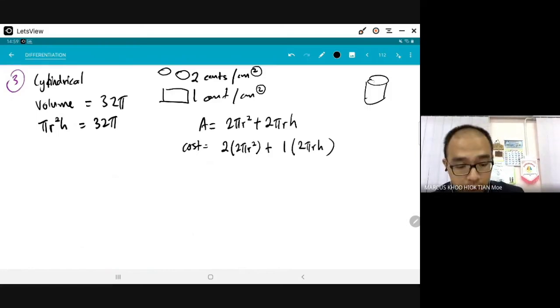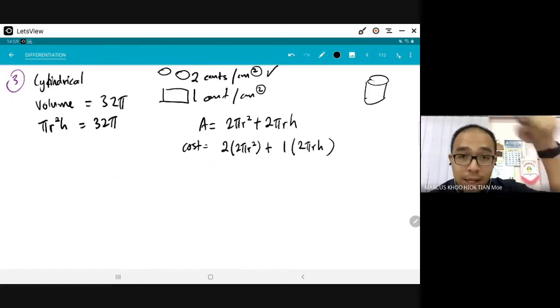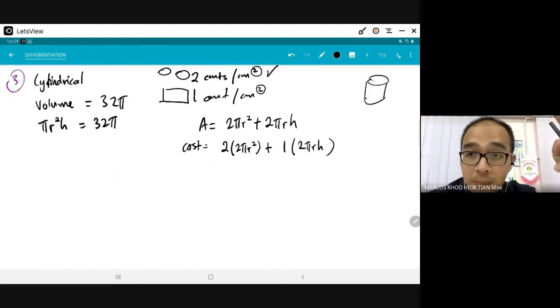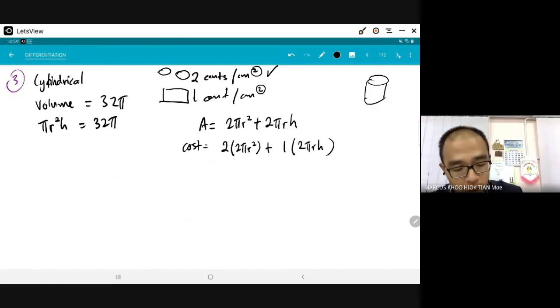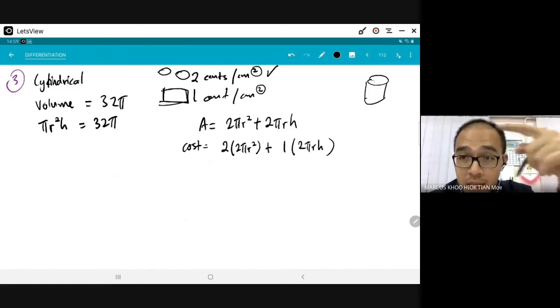Kan sebab ini adalah 2 cents, kalau yang bulat di atas itu is 2 cents each lah. Okay, and then the square over here is 1 cent each.